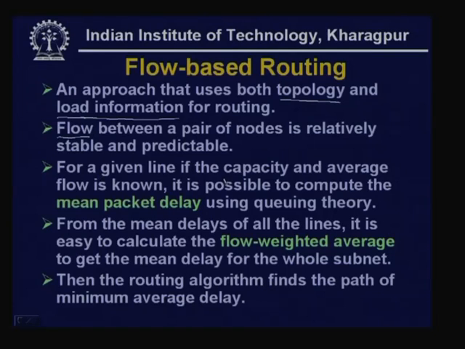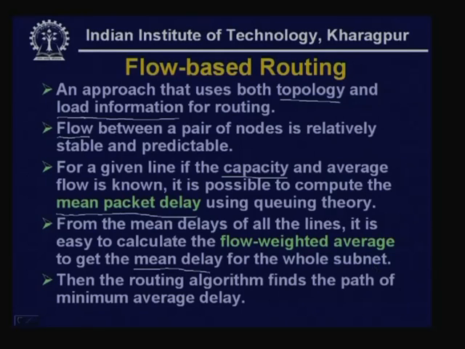So, for a given capacity, that means the data rate of a particular link, the average flow is known. It is possible to compute the mean packet delay using queuing theory. Queuing theory can be used to compute the mean packet delay for each of the links, and from the mean delays of all the lines, it is easy to calculate the flow weighted average to get the mean delay for the whole subnet.